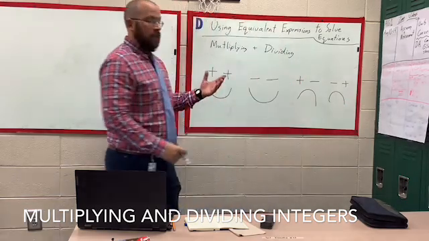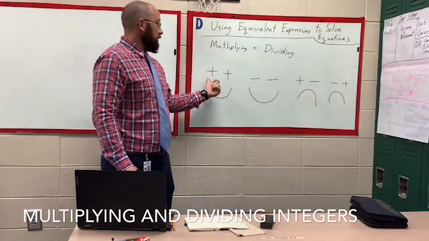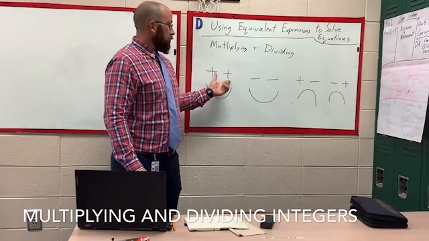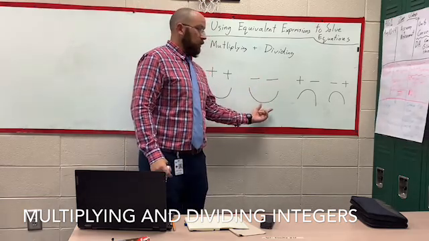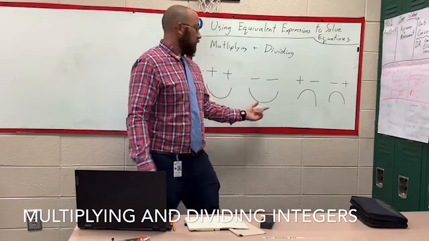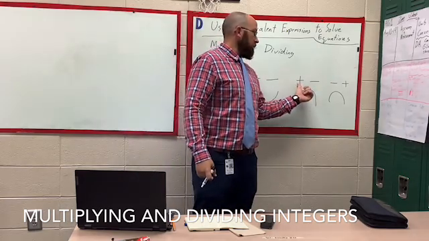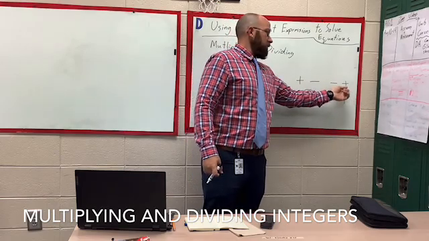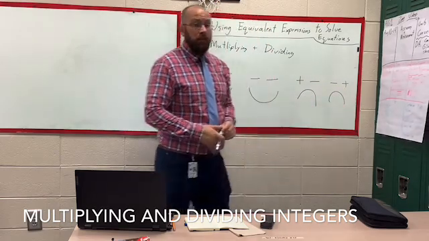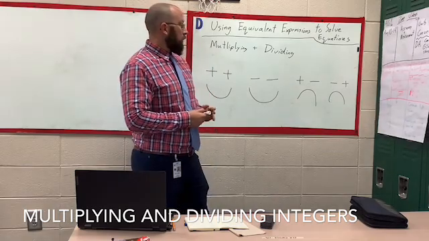So this is just a quick way to try to remember this. Multiply two positives, positive. Multiplying two negatives, positive. Multiplying a positive and negative, that's a frowny. And a negative times positive, that's a frowny face also. All right. This is just a quick way to remember that.